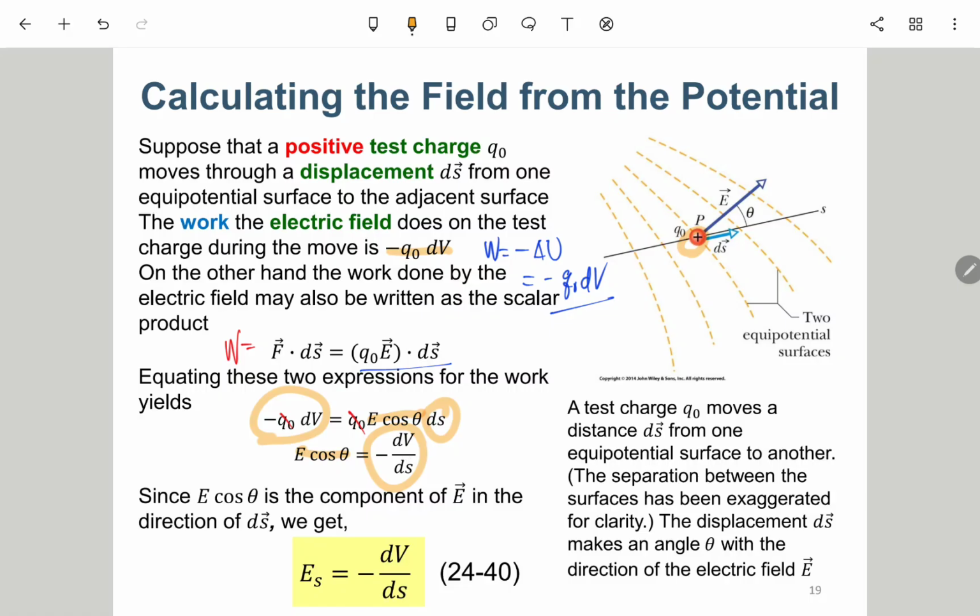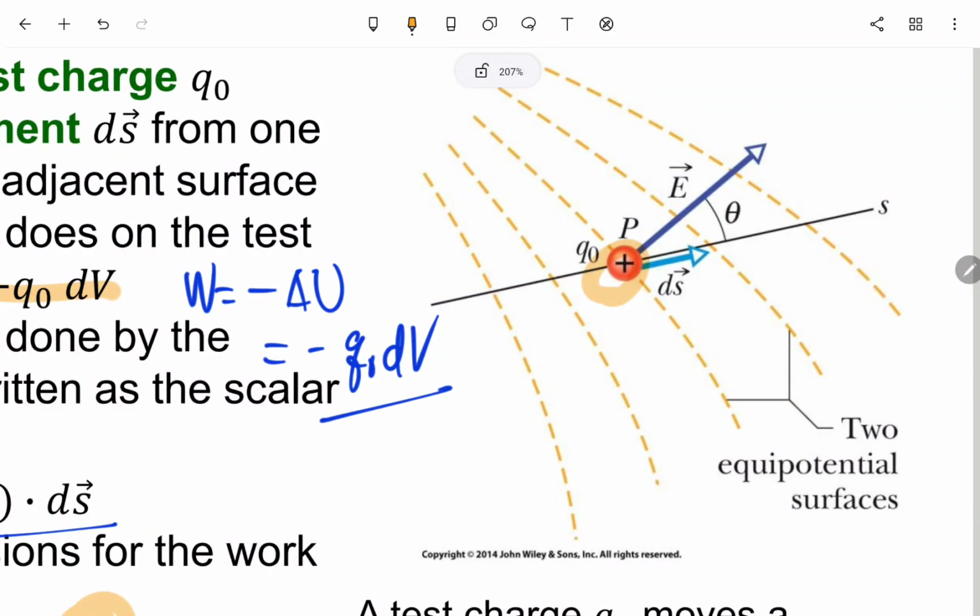So E cosine theta, we can call the component of the E field along the x-axis. We don't need to care what the x-axis is; it can be one of the axes in 3D space.